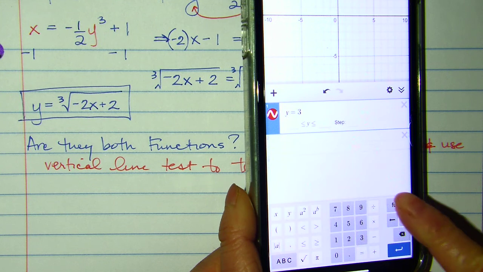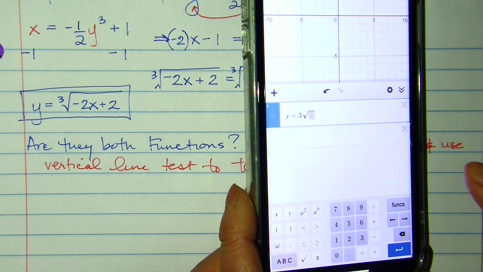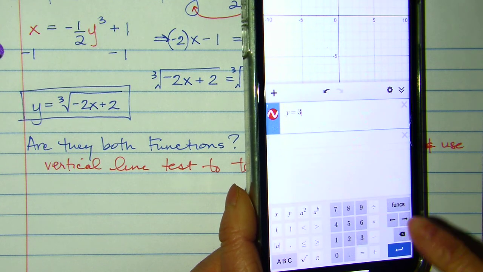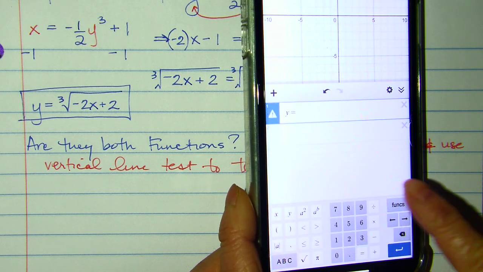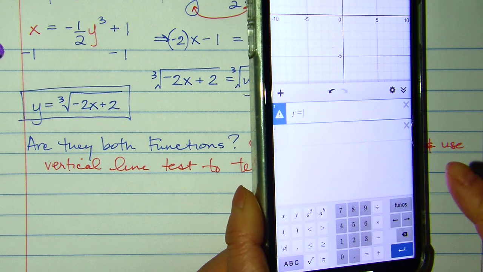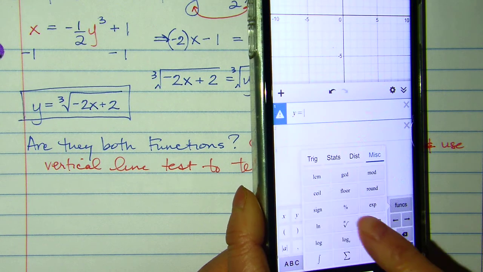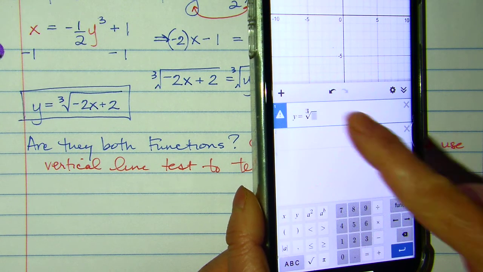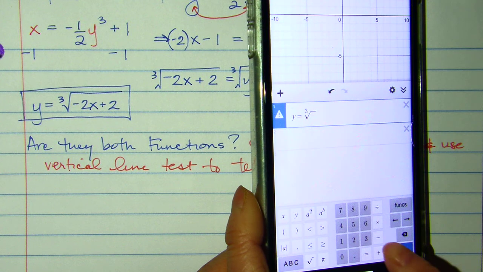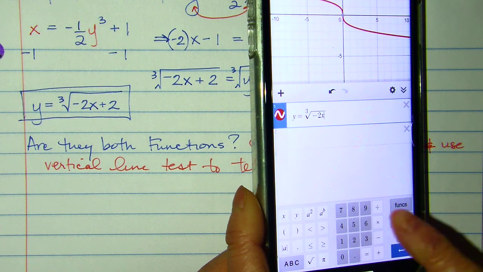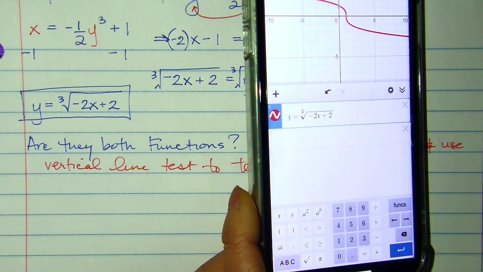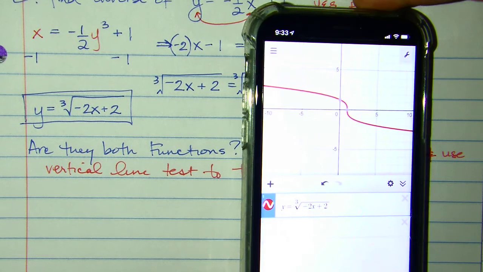So 3 and then functions, oh no, it comes up. So sometimes you just have to play around with Desmos, as you can see I'm as well. So functions, hit the functions button, and it lets me enter cube root, and then inside I'm entering negative 2x plus 2. All right, so here's the graph.